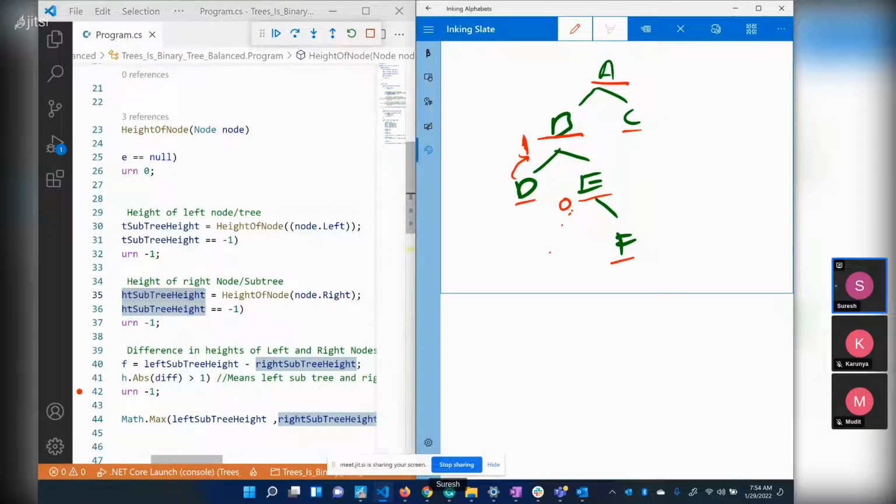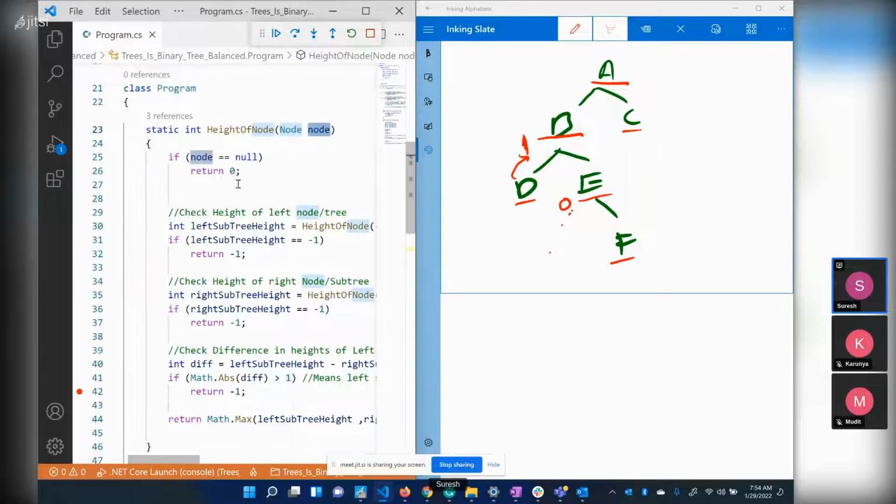Now we need to calculate the height of F. So node F not equal to null, left subtree height is 0, right subtree height is 0, the difference is 0, and the height of F is 1. That will be returned to here, right?